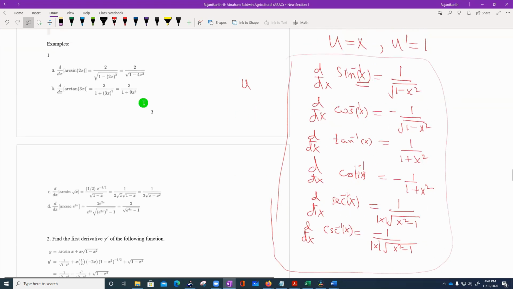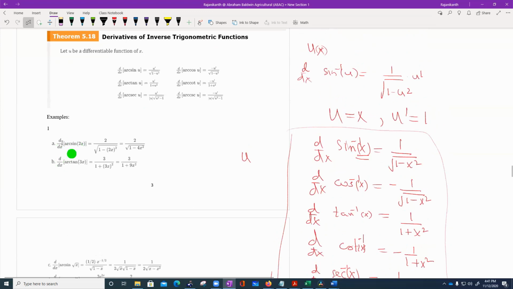Okay. Now look at this problem. For example, the first one, you are asked to find the derivative of arcsine 2x. Inside the arc function, you now have something other than x, so keep this as u. Now use the first formula. If u is 2x, what is u prime?